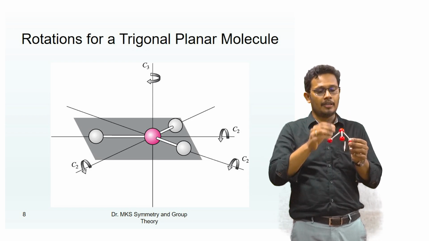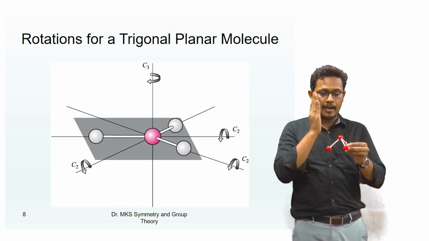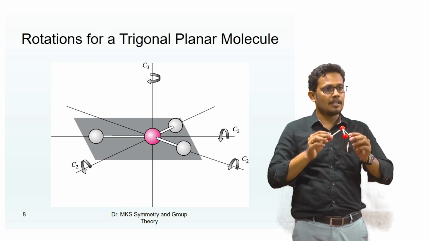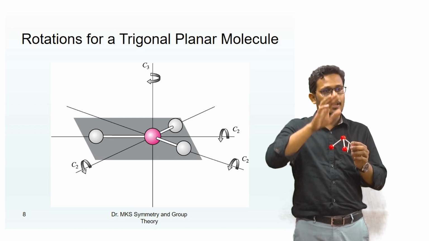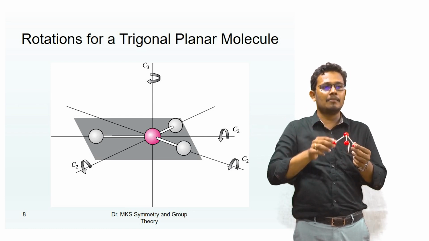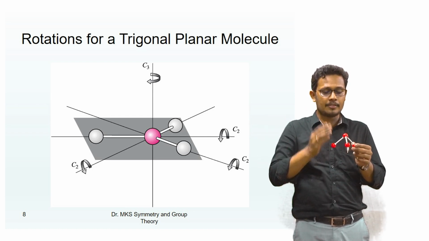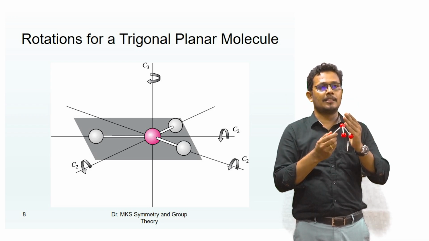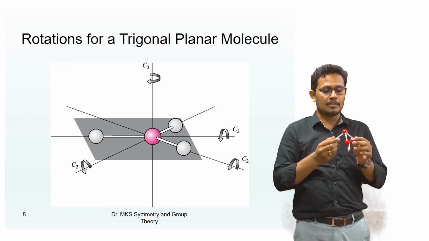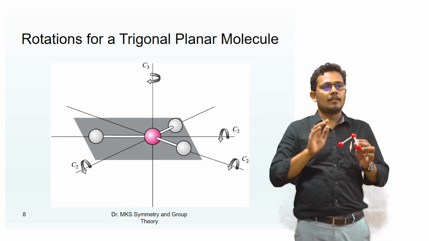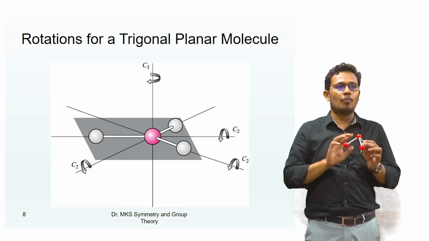One sigma V, another sigma V, and a third sigma V. So ammonia has a C3 rotational axis and three sigma V's. Totally three sigma V's are present in the ammonia molecule. This is regarding the plane of symmetry, the vertical planes.